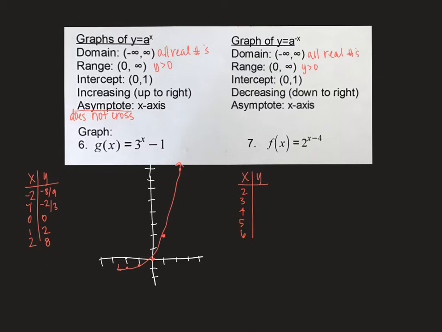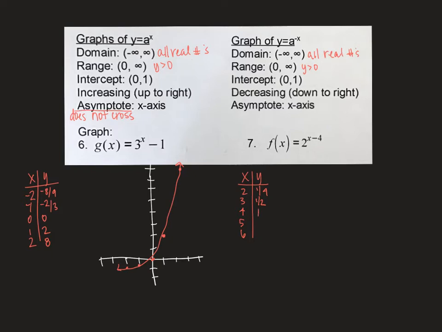So 2 minus 4 is -2. 2 to the -2 is 1/4. 3 minus 4 is -1. 2 to the -1 is 1/2. 4 minus 4 is 0. 2 to the 0 power is 1. Sorry, 2 to the 0 power is 1, not 0.